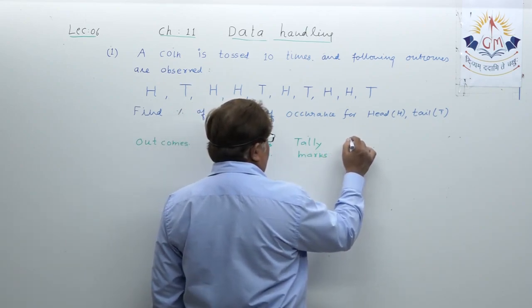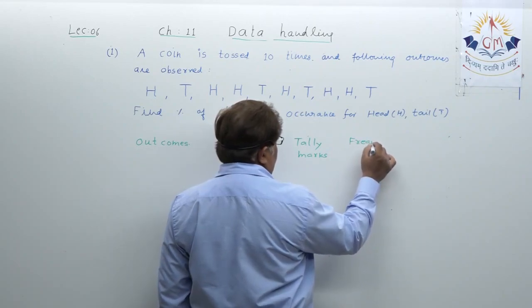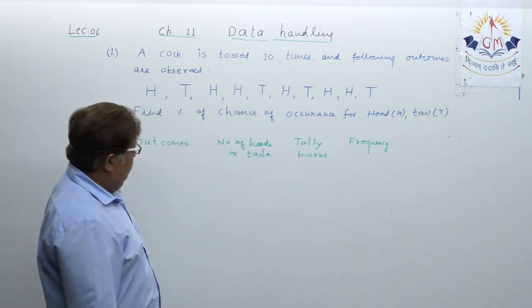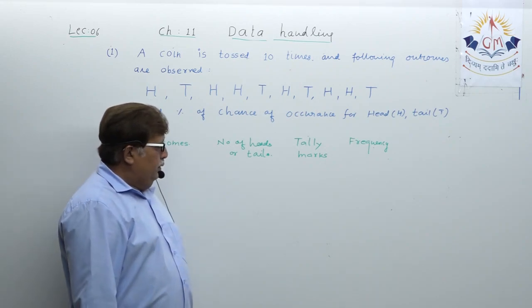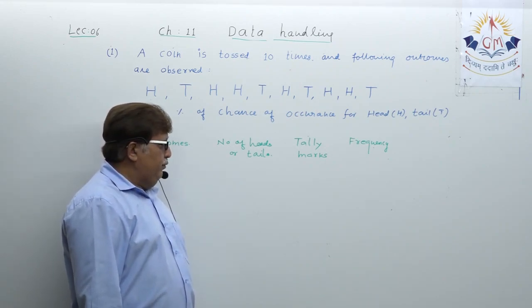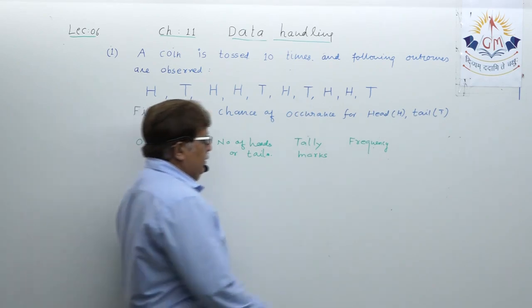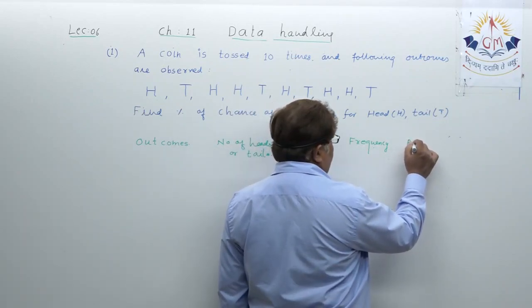Then, as you know, frequency. Next column, outcomes, number of heads or tails, tally marks, frequency. Then you all know, dear student, what is that?